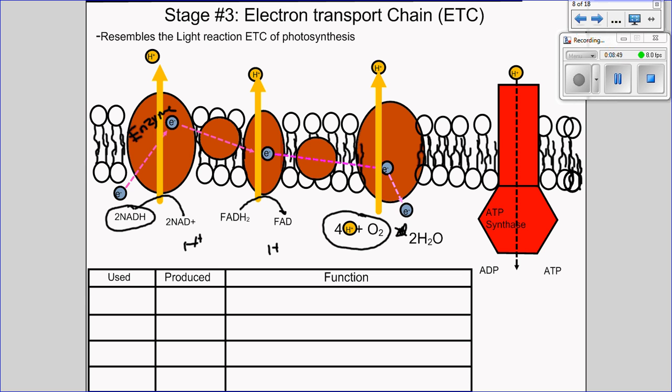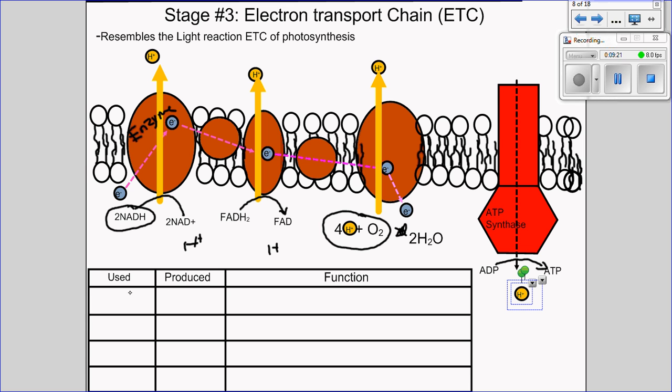So these are essentially high-energy molecules that function in allowing your electrons to transport down the ETC. And they also provide energy to form your hydrogen gradient here, which, if you recognize, will then be able to transport itself down the ATP synthase in order to create ATP from your adenosine diphosphate.